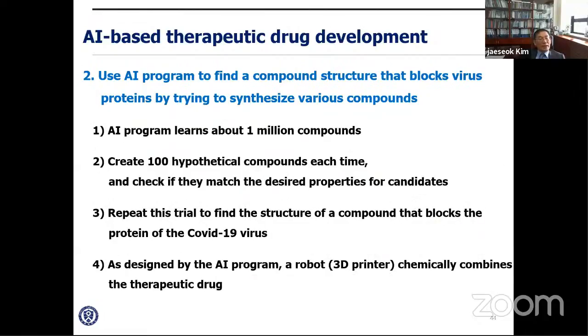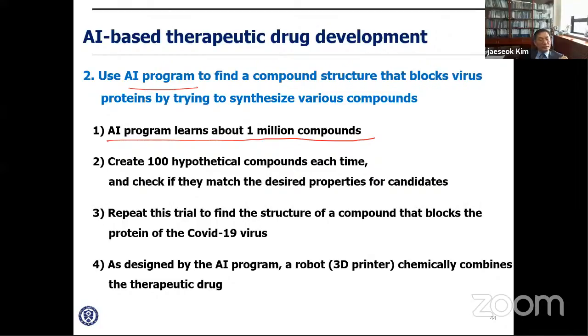The second method uses an AI program to find the compound structure. First, the AI program learns about 1 million compounds very quickly. And then it creates 100 hypothetical compounds each time and checks if they match the desired properties of the candidate.